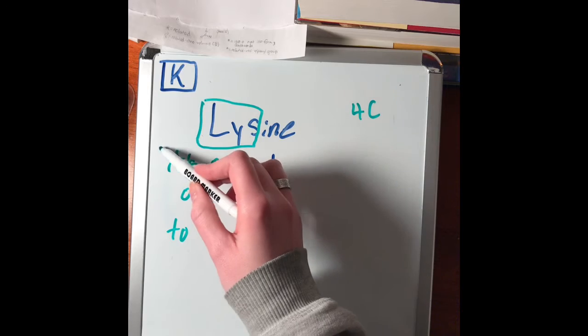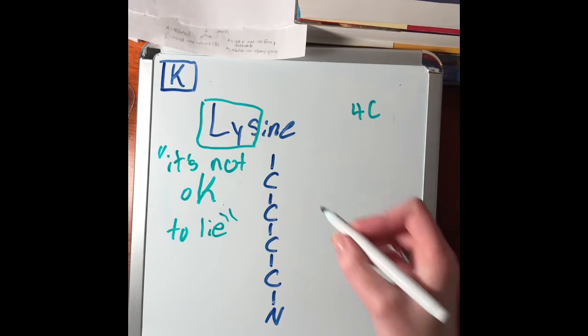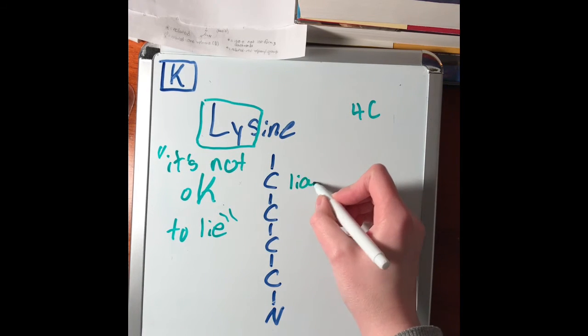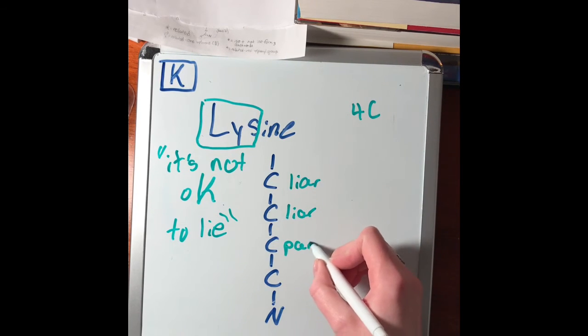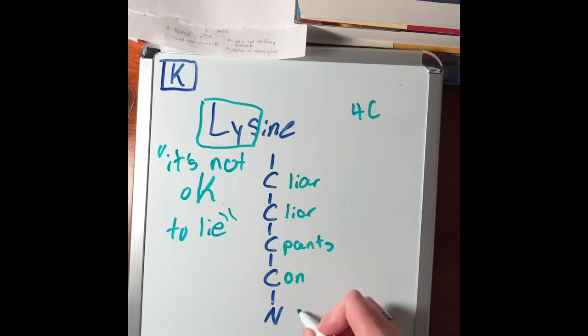Continuing with the lying theme, to remember how many carbons are in the structure, just remember that older saying, liar, liar, pants on fire. One last quick note, this amino acid is one of the 3 basic amino acids.